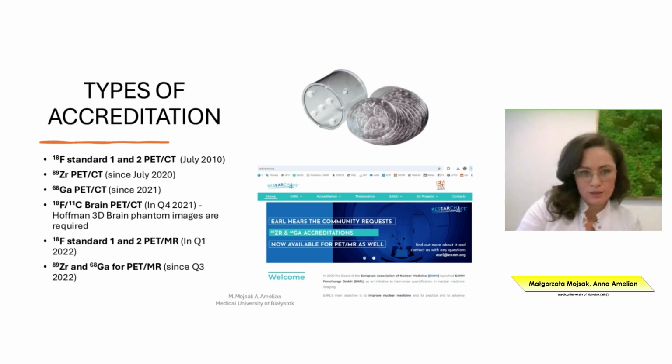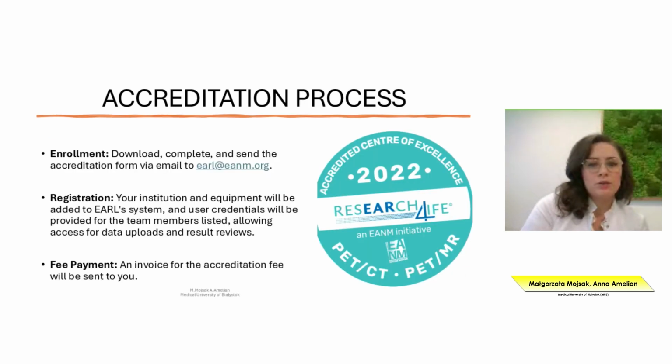It does not stay forever. Regularly, we need to provide the reports and the images to the team, and the certification, the accreditation, is renewed. I will show you how these images should be sent and which phantoms should be used.